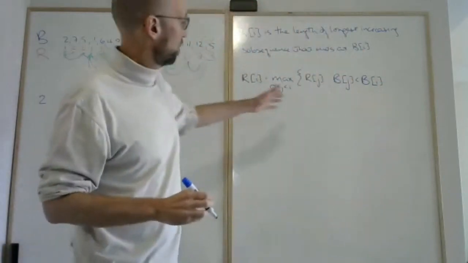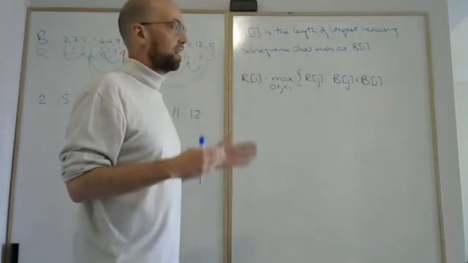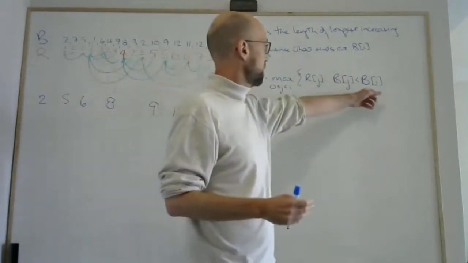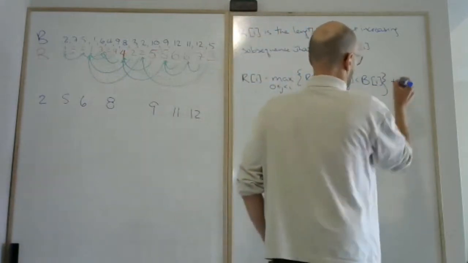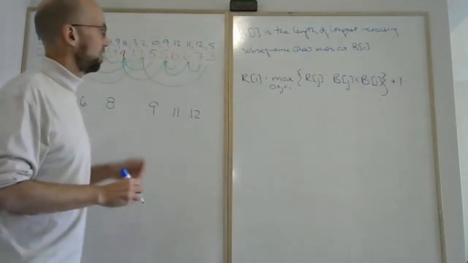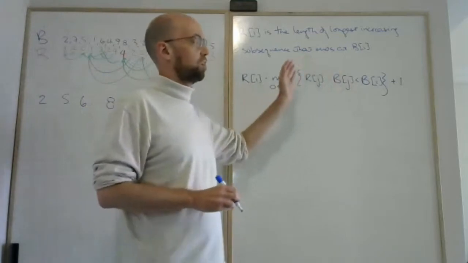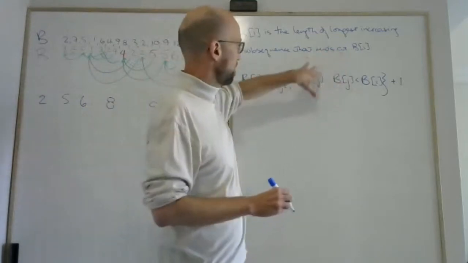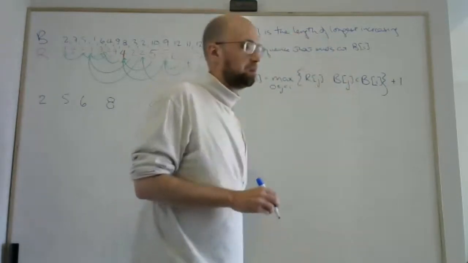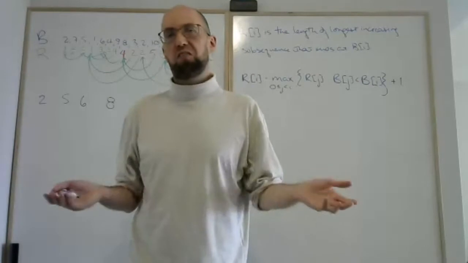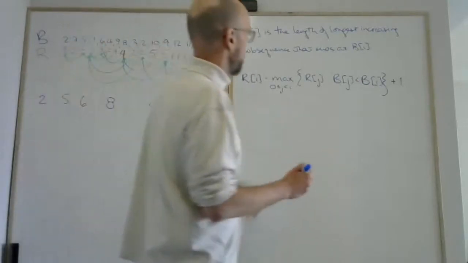We're looking for the largest length that ends at something less than Bi, and then we add 1 because we can add Bi. If this is empty, then this is 0, and then we add 1. You just handle that case. So this is the recurrence.